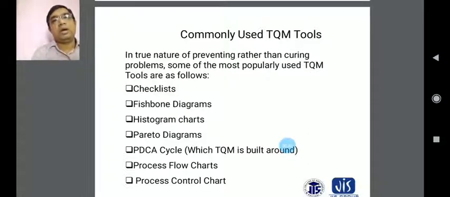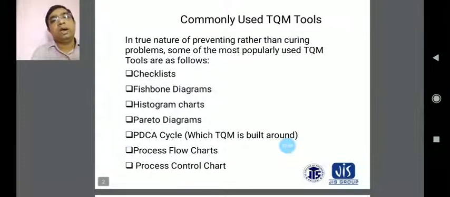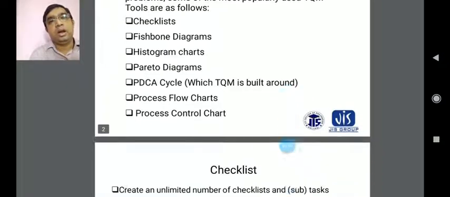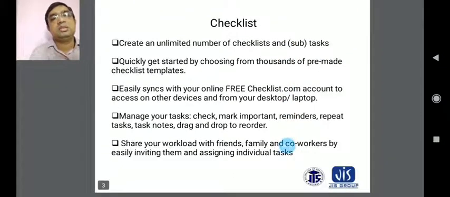Some of the most popular total quality management tools are the checklist, fishbone diagrams, histogram charts, Pareto diagrams, the PDCA cycle on which total quality management is built, process flow charts, and process control charts. We will discuss these later, and first we discuss the checklist.